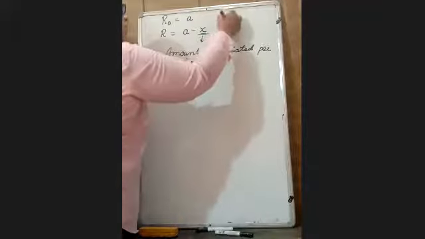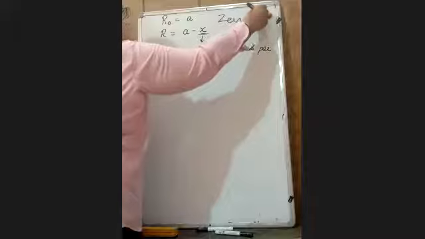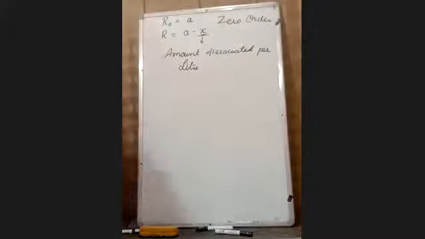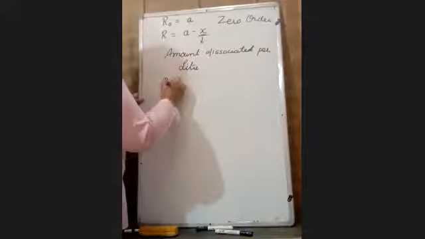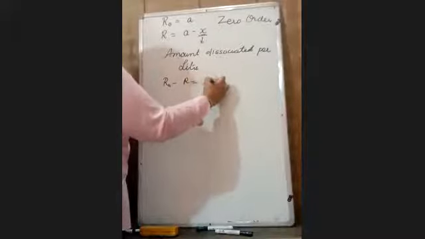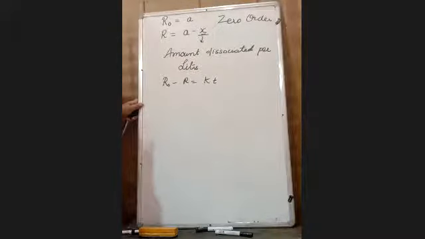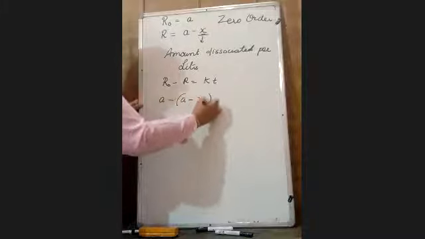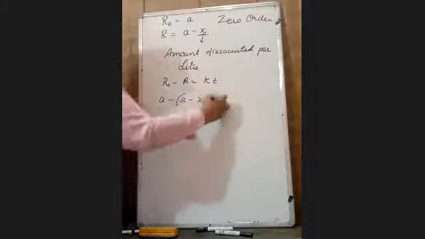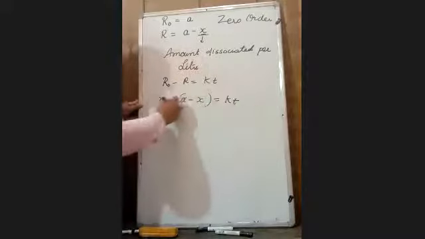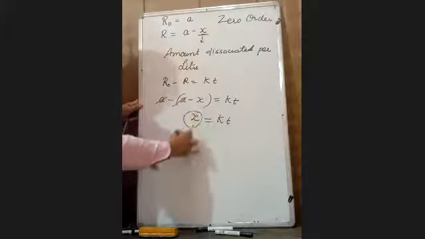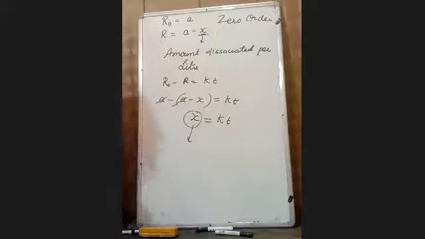It is for zero order. R naught is A and R is equal to A minus X. Now, you know, R naught minus R is equal to KT. For zero order, A minus (A minus X) is equal to KT. X is equal to KT. What is X? Amount dissociated per liter.